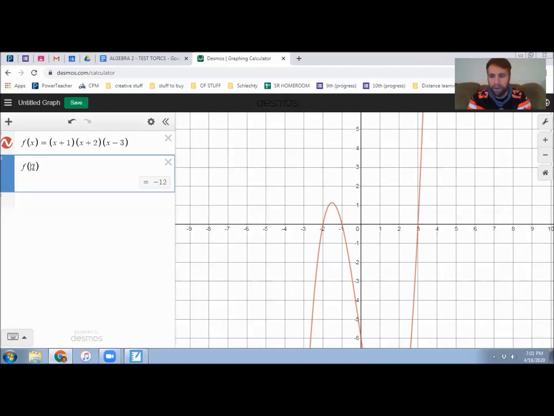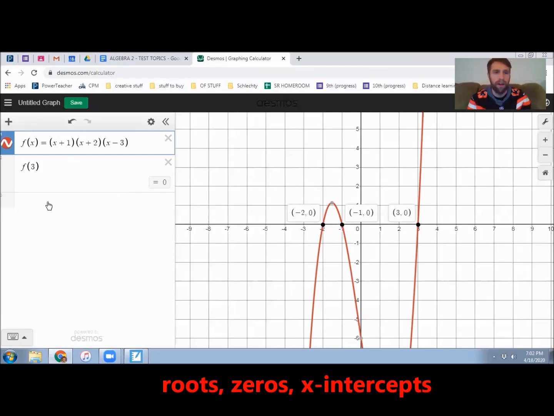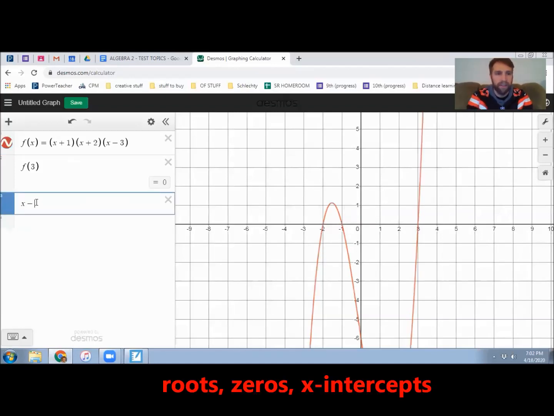But what these key points are telling me, like f of 3, is where the graph is going to hit 0. So we know these as x-intercepts. Another phrase for these is the zeros. So these are your x-intercepts, or they are your zeros. There's another word. These are also your roots. So I'm going to go ahead and just write that these are x-intercepts.